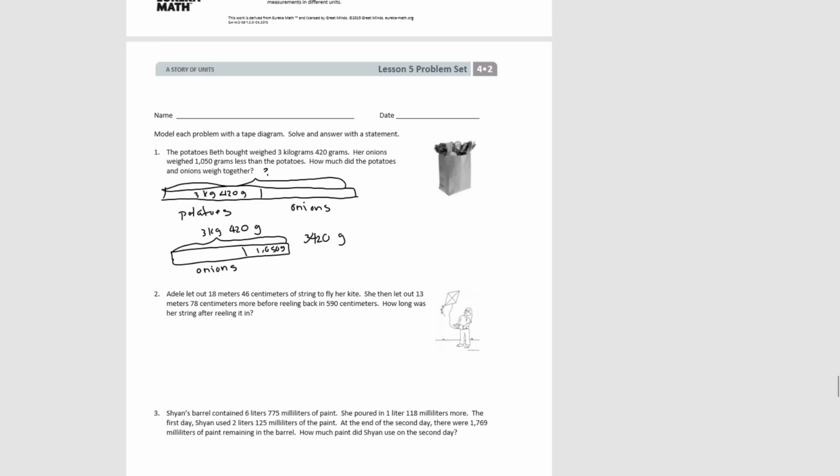And then the difference between the grams and the potatoes is 1,050. If we subtract here, we see the onions must weigh 2,370 grams, which we can now add into our original tape diagram.